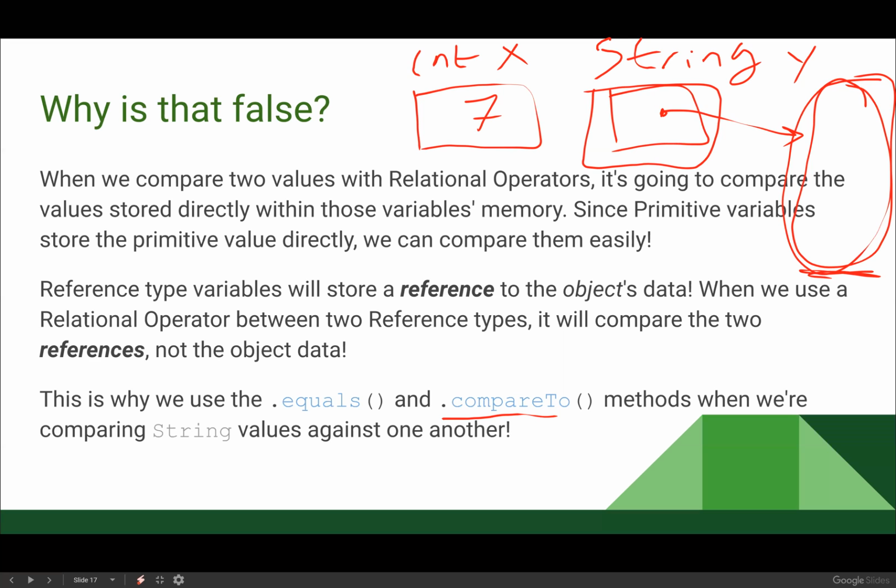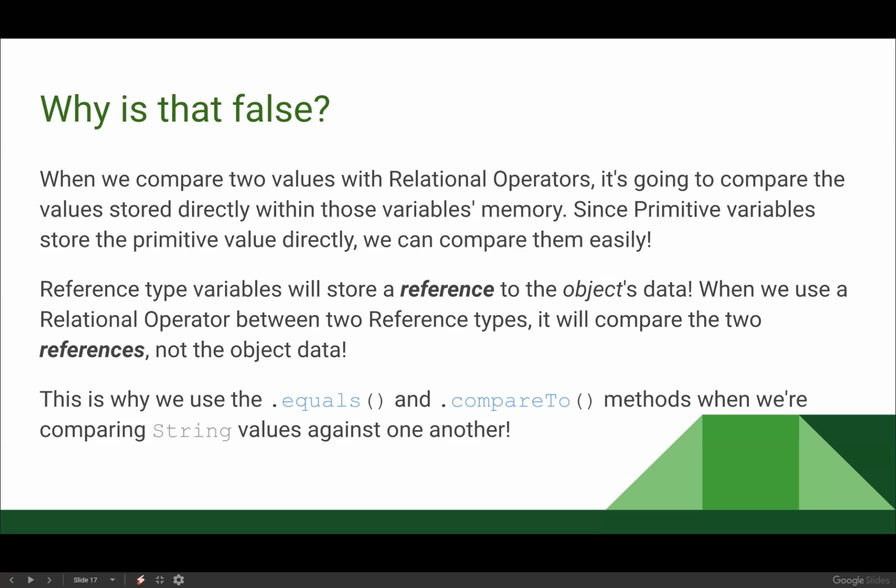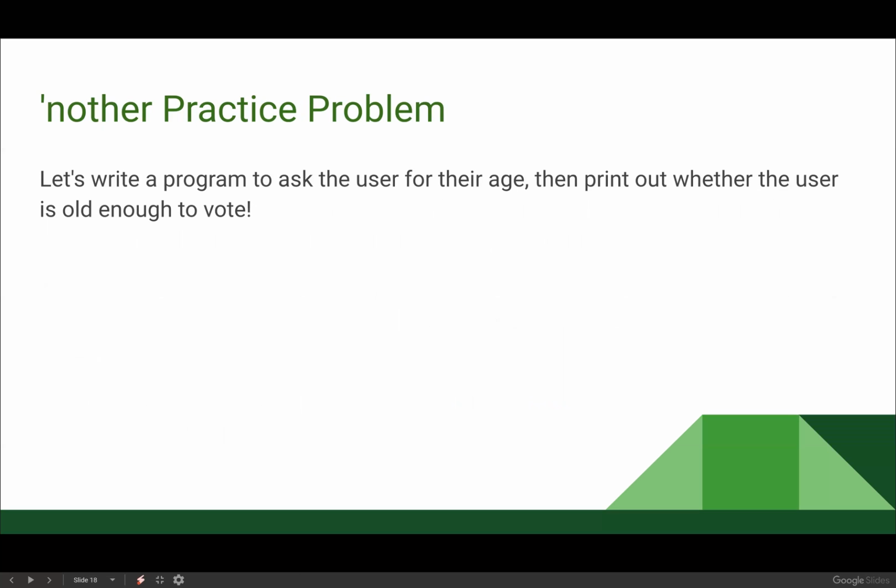Sweet. All right, so let's write a practice problem where we ask the user for their age and then print out whether they are old enough to vote. So what steps do we need to do that? Scanner. So we need to do user input and ask for age.